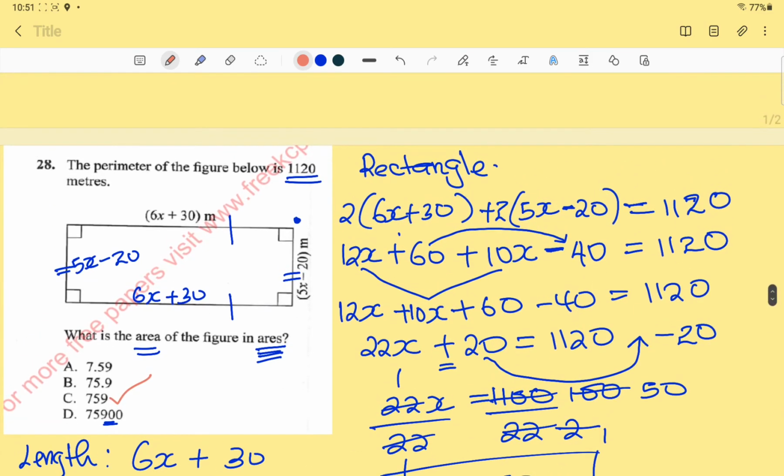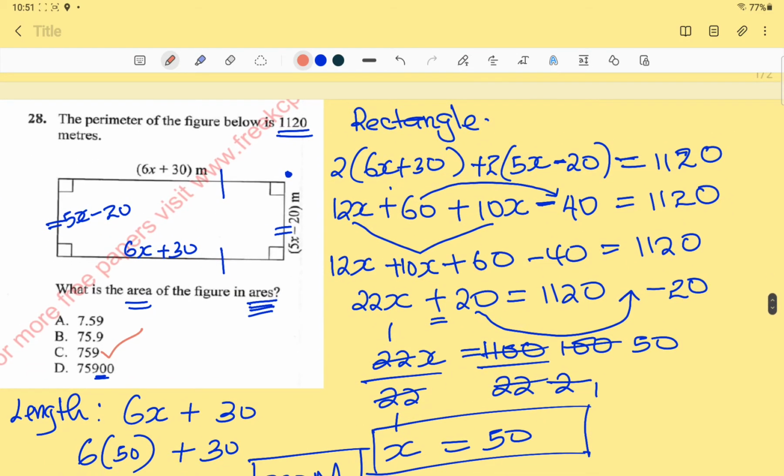Yeah. So let's just summarize what you are needed to know about this question. First, it is testing the concept of perimeter, whether you know what is perimeter. And perimeter is all the way round. Okay? And then it's testing whether you know how to form an algebraic expression. As you can see over here, we formed an algebraic expression.